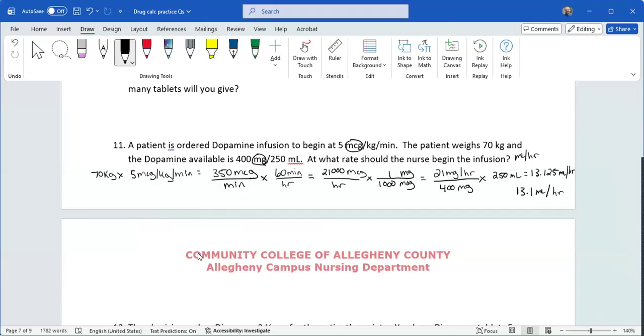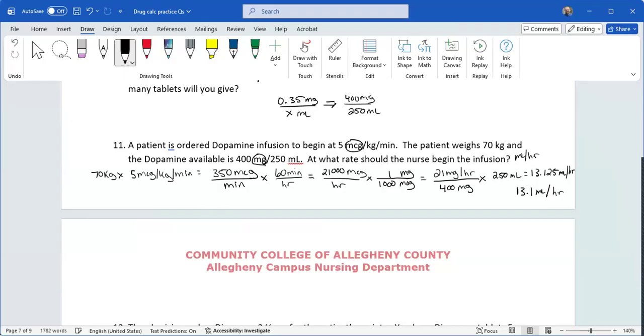Okay, so let me write down up here. So you told me you were at 0.35 milligrams over X milliliters. And then the other part was the 400 milligrams over 250 milliliters. So equals, and then I cross multiply.